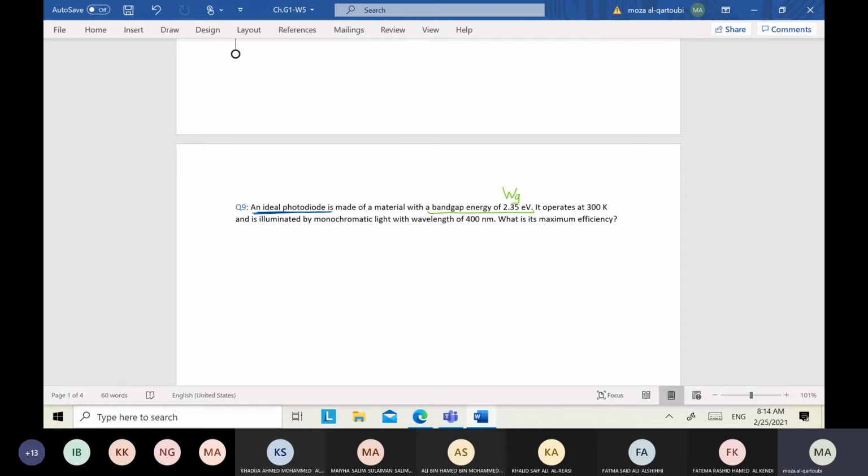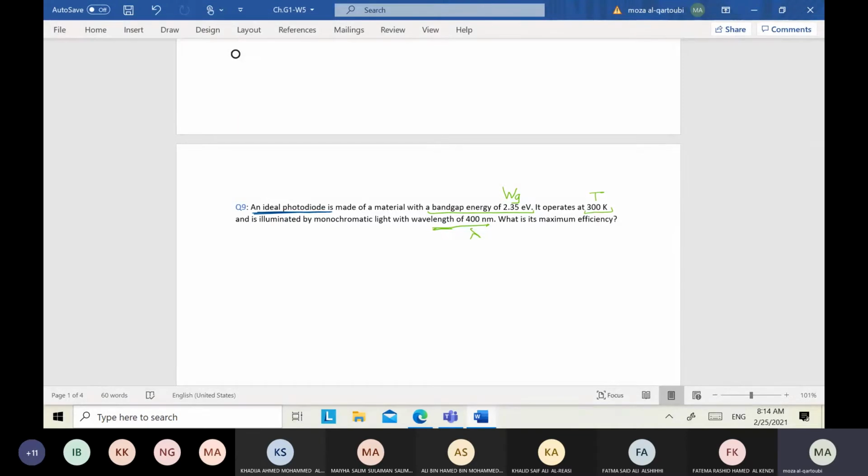It operates at 300 Kelvin. So this is temperature equal 300 Kelvin, and is illuminated by monochromatic light. This is one type of light, monochromatic light, with wavelength, lambda equal 400 nanometer.